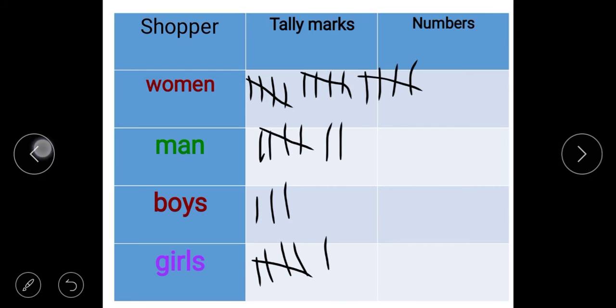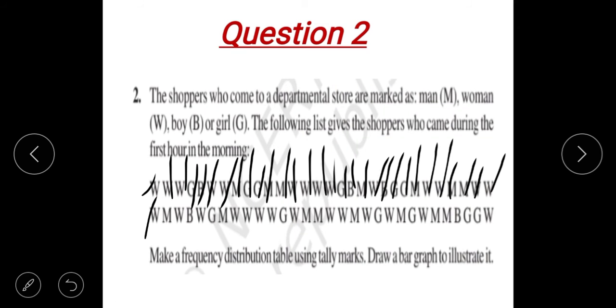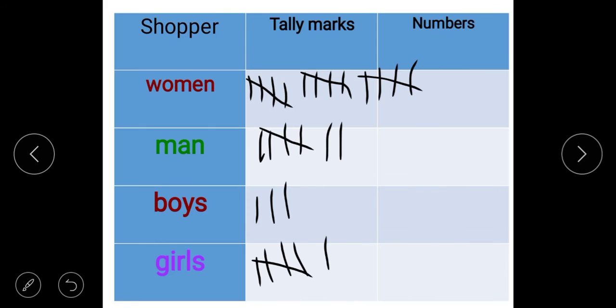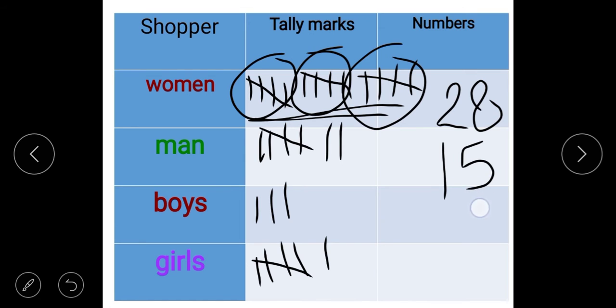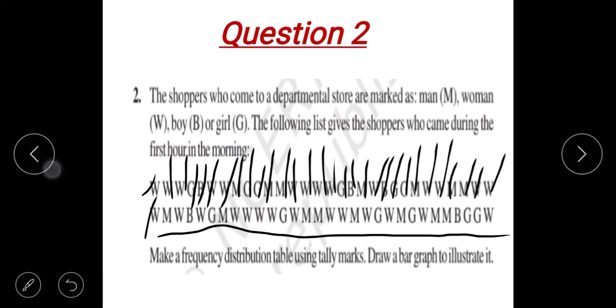When you count all the numbers and mark the remaining ones like this, you will get the totals. When you count 5, 5, 10, 5, 15, and there are many more, the total will be 28 for women, 15 for men, 5 for boys, and 12 for girls.